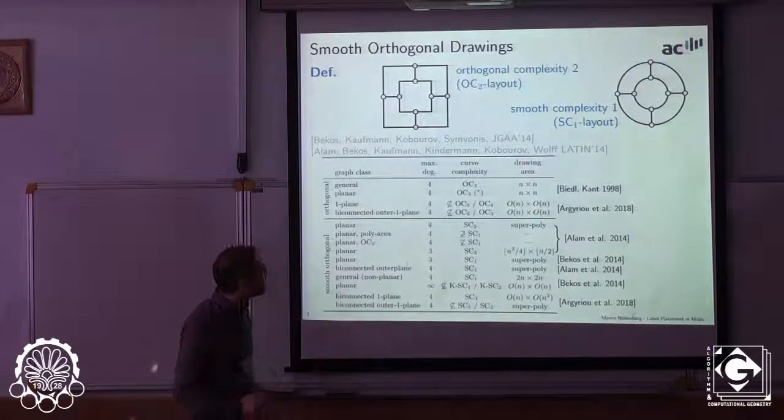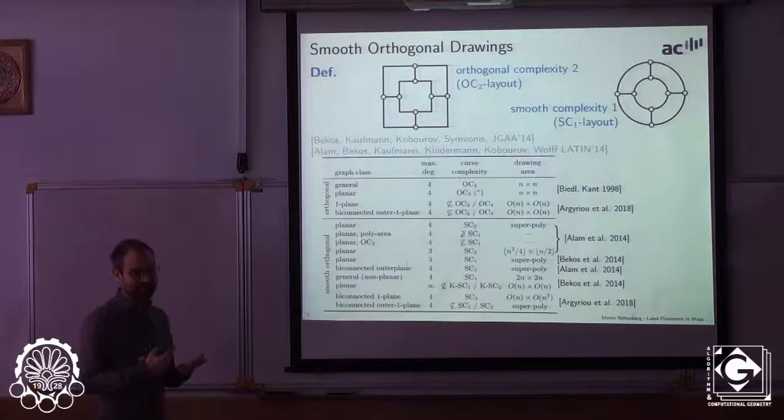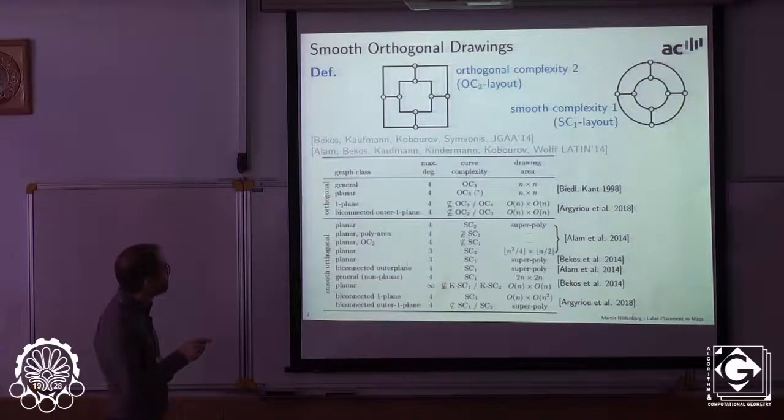And what is known here, I already told you that one of the measures to say how good a particular layout is to look at the complexity that you need, or the number of edge segments that you need to draw that graph. And here we define an OC subindex i layout as one that uses orthogonal edges with up to i segments per edge.